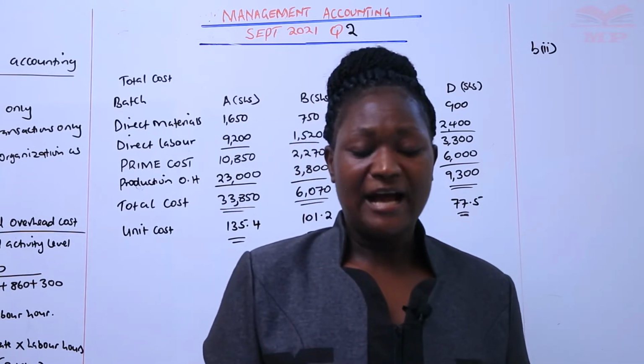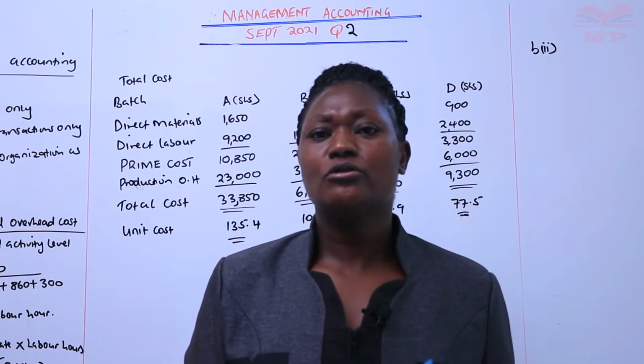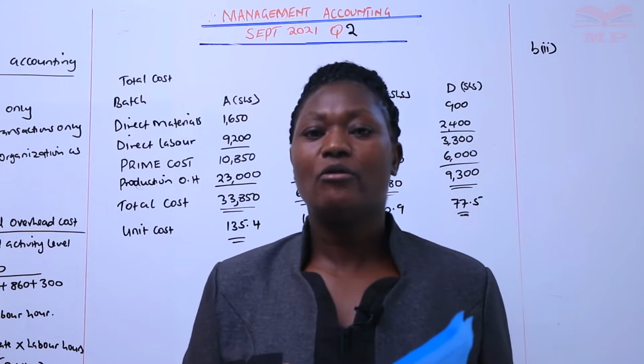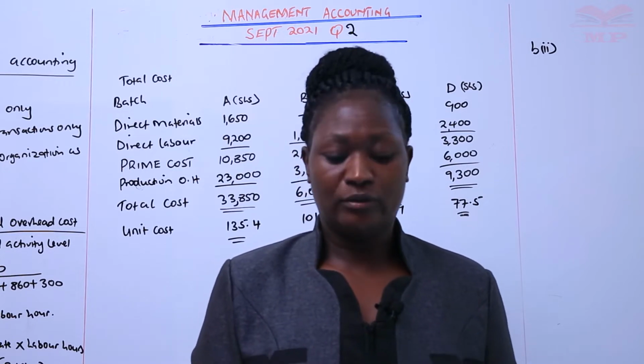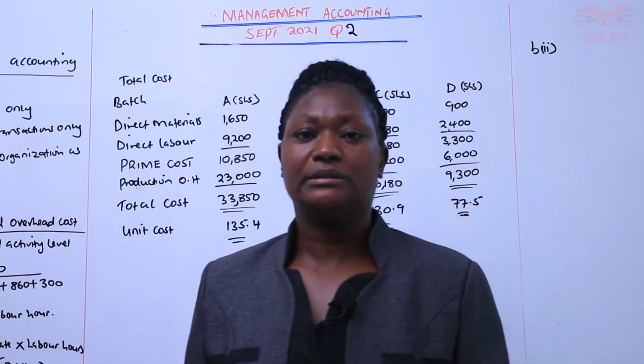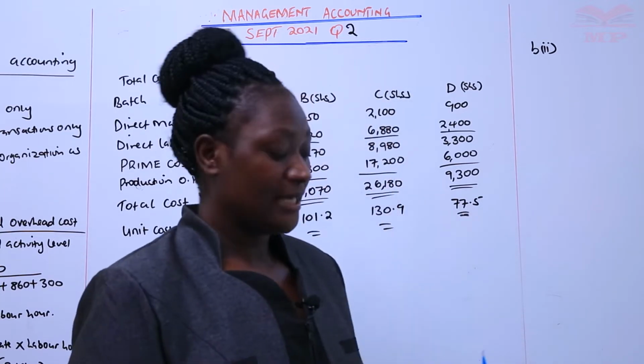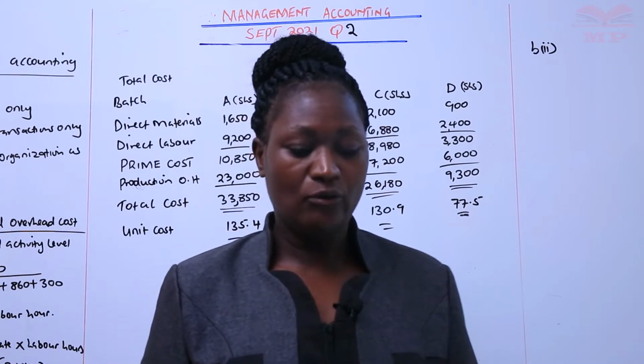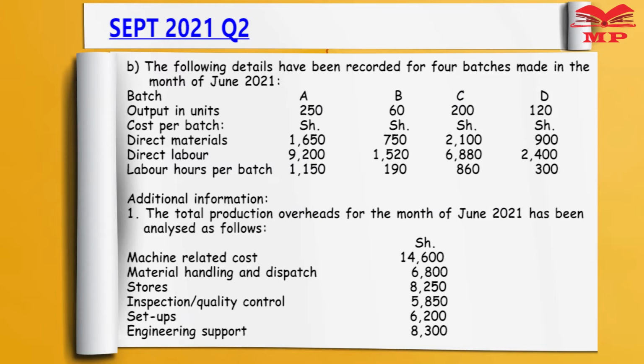And so when we have such activities causing those costs to be incurred, we normally connect them to the cost drivers and the cost pools. We have been given, under additional information note number 1, that the total production overheads for the month of June 2021 have been analyzed as follows.